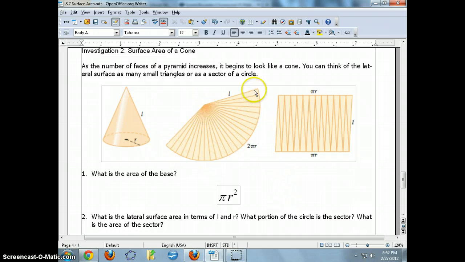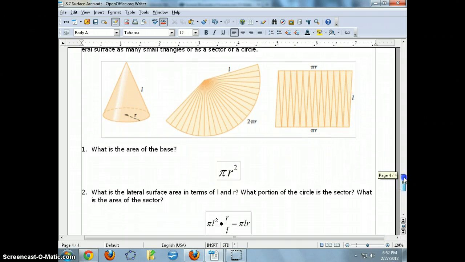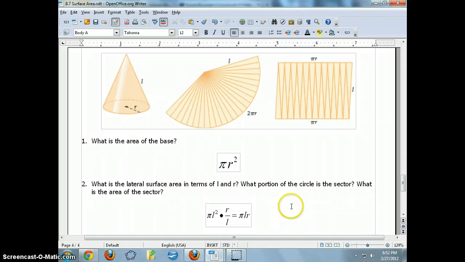Here's our sector, and if we break it up and flip the little triangles upside down, we wind up getting a nice rectangle. The area of this rectangle, as we know, is base times height, which would be pi r times L.